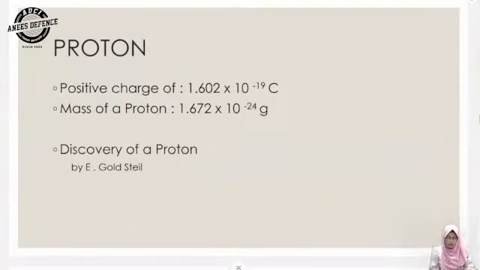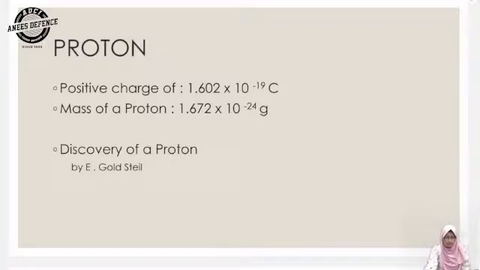Next is the proton. Protons are subatomic particles which bear a positive charge of 1.602 × 10^-19 coulomb. The mass of a proton is 1.672 × 10^-24 gram. The discovery of the proton was done in 1886 by E. Goldstein. He discovered an entirely different type of rays in the discharge tube.